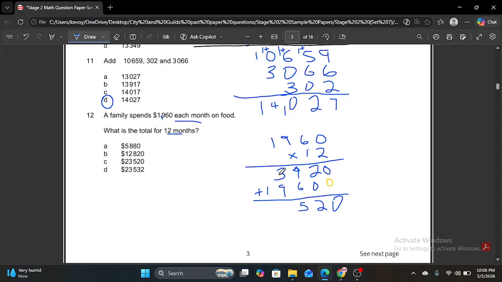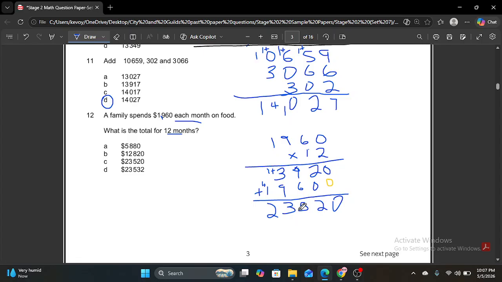Put down the 5, carry the 1. 1 plus 3, 4. 4 plus 9, 13. Carry the 1. 1 plus 1, 2.